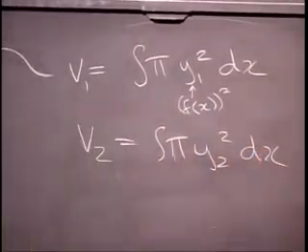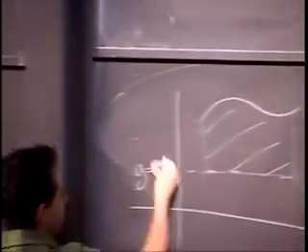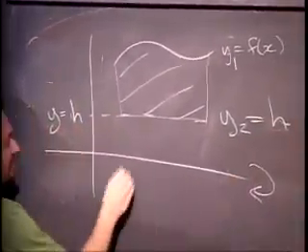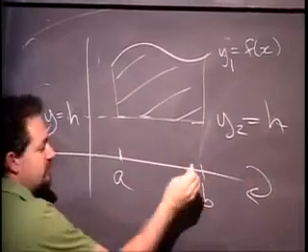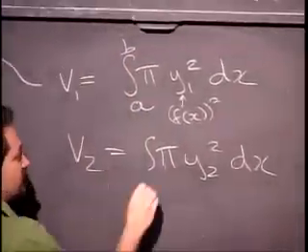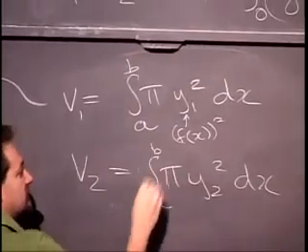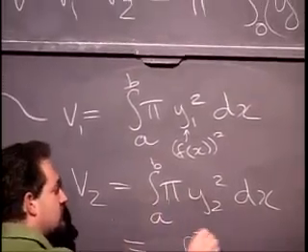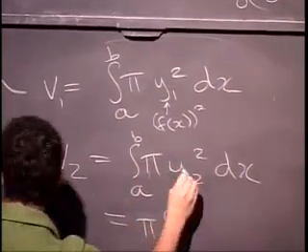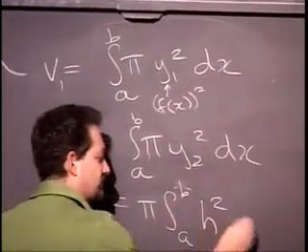Actually, I shouldn't call it a. That's dumb. Let's call it h. The reason I don't want to call it a is because this was a and this was b, and I can't get my a's and b's and h's mixed up. So the second integral becomes the integral from a to b, and y2 is just the constant h.